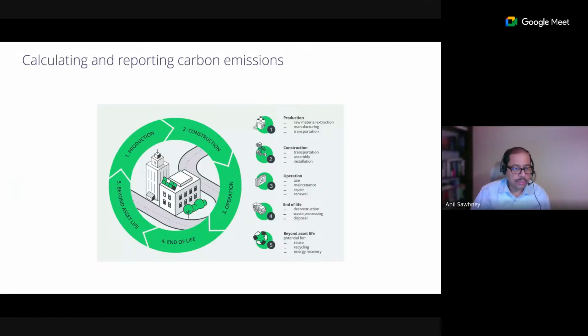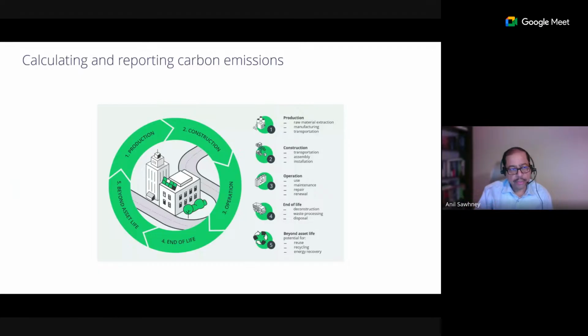But what we are going to be doing initially is calculating emissions across the life cycle, the production of the materials, products, systems, assemblies that go into our buildings or infrastructure projects. That is stage 1, production.